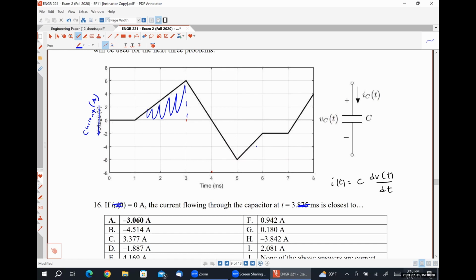When I'm asking you to do any integration with these things, it's always just going to be simple right triangles and rectangles. I know you probably don't need this, but I've had students over the summer who could not for the life of them remember what the area of a right triangle is. 1/2 base times height. Yes, that answers our question. Thank you.